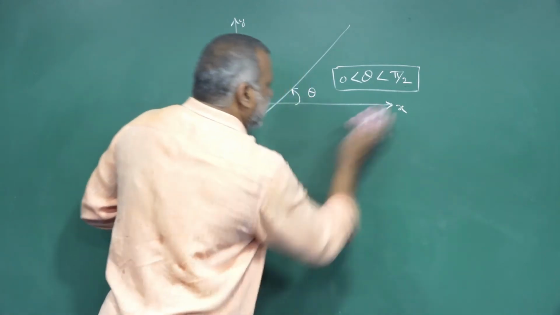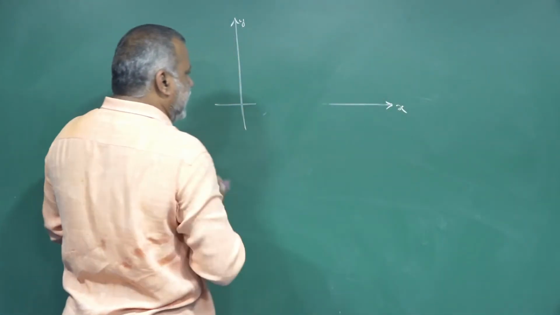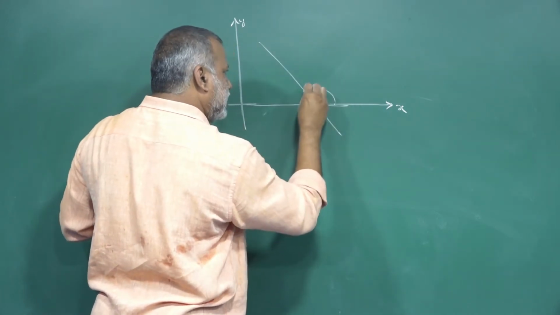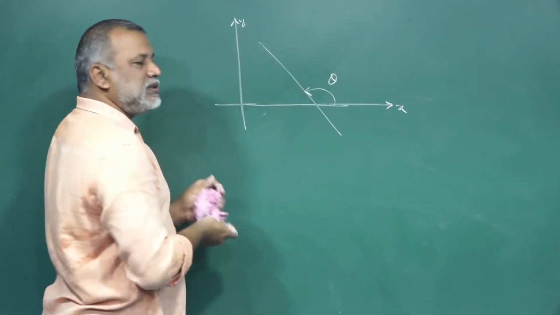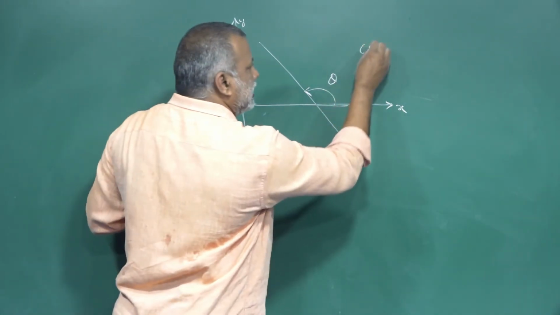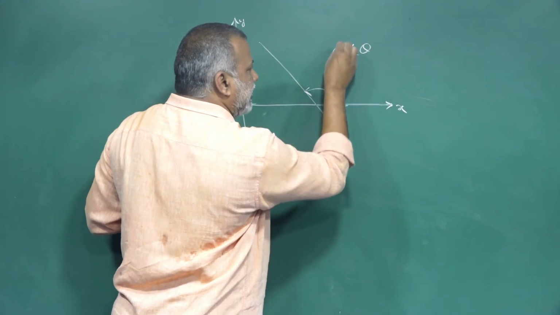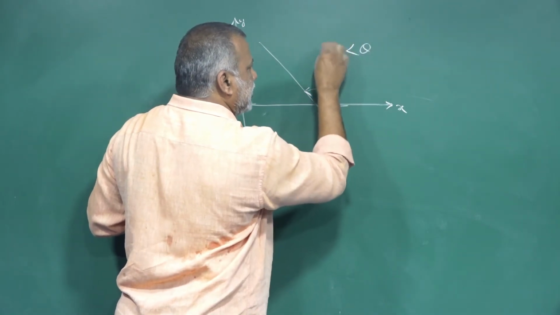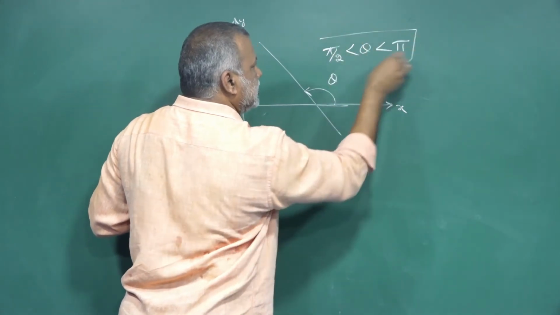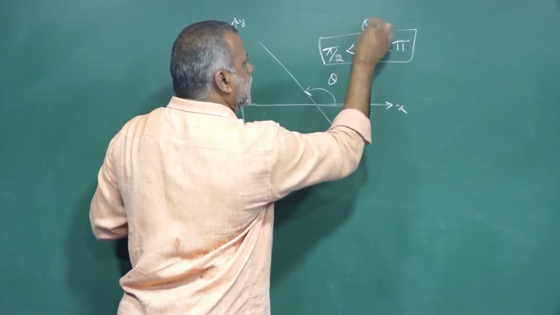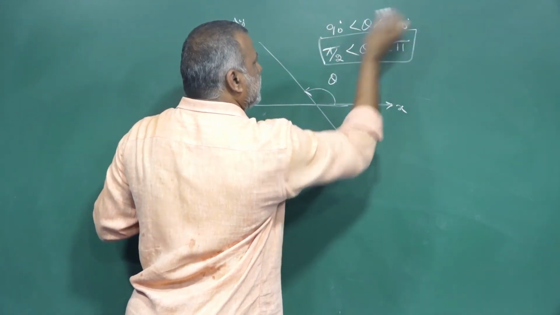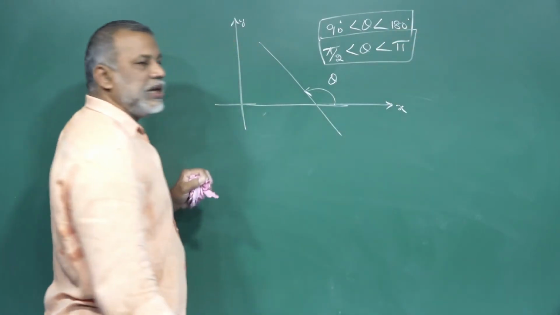Now listen once again. Instead of this, I am taking an angle like this. See here, theta is an obtuse angle. That means theta is greater than 90, or pi by 2, and less than 180, that is pi. You can write theta greater than 90 and less than 180. It is called an obtuse angle.